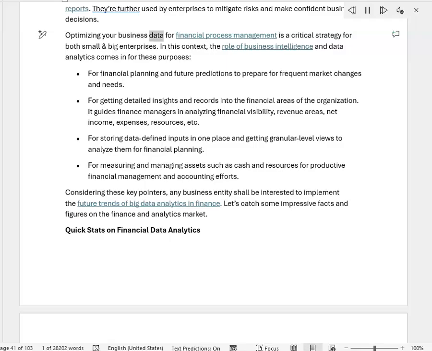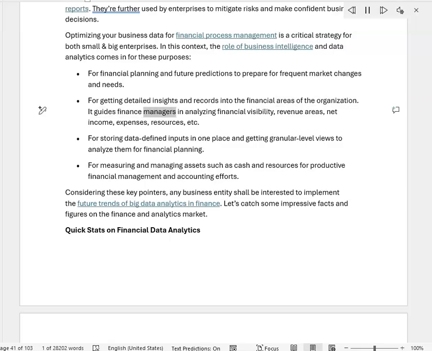Optimizing your business data for financial process management is a critical strategy for both small and big enterprises. In this context, the role of business intelligence and data analytics comes in for these purposes. For financial planning and future predictions to prepare for frequent market changes and needs. For getting detailed insights and records into the financial areas of the organization.